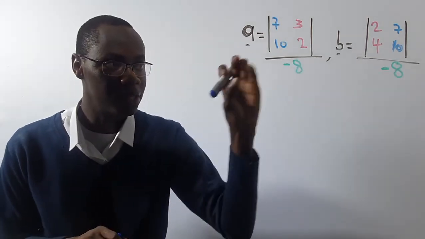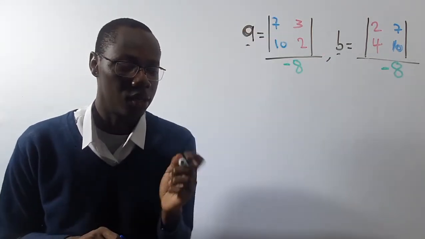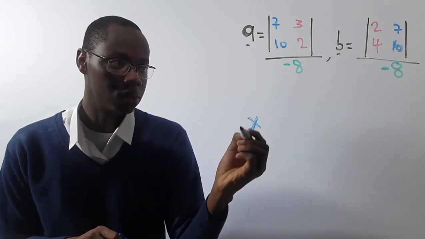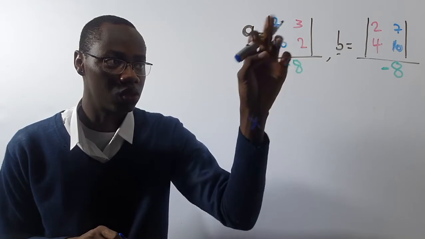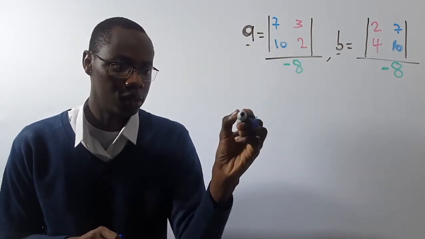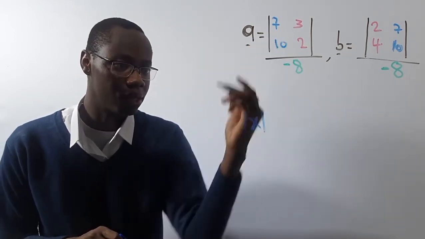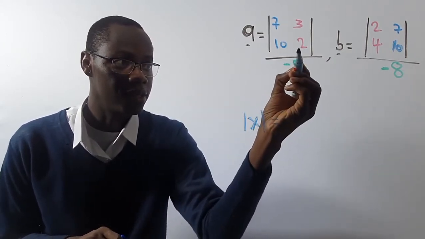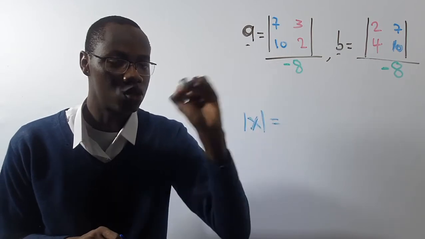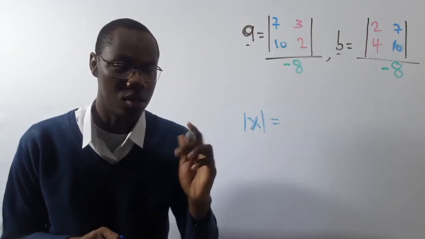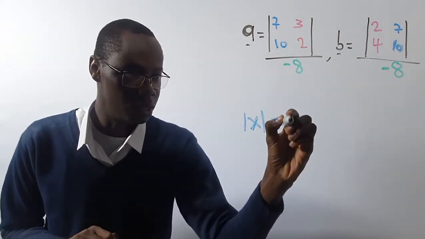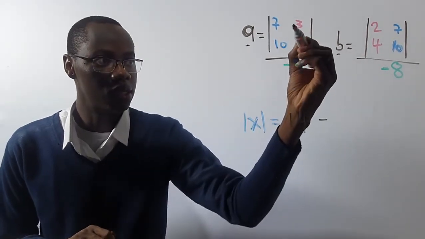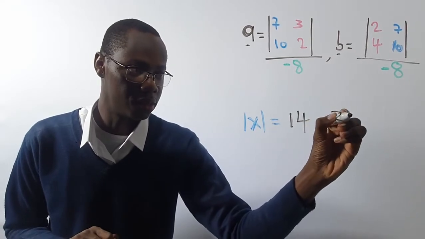So now let's find the determinant of this matrix. Let's just call it x. To find the determinant, very easy: multiply this by this, and subtract from it this by this. 7 times 2 is 14, minus 10 times 3 is 30.